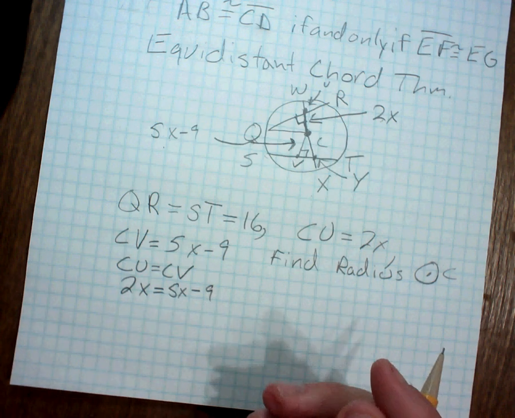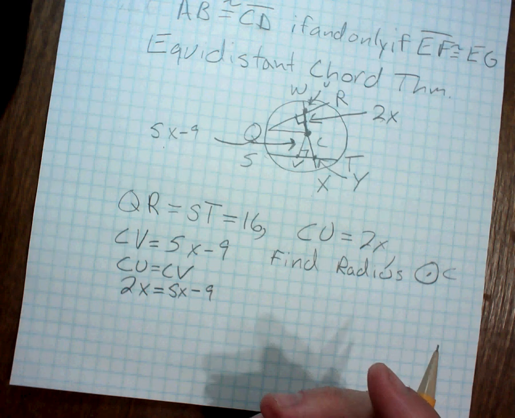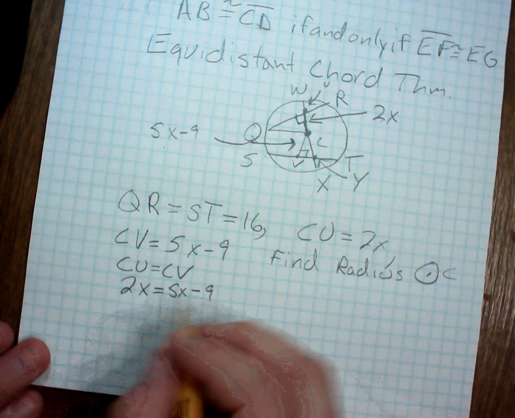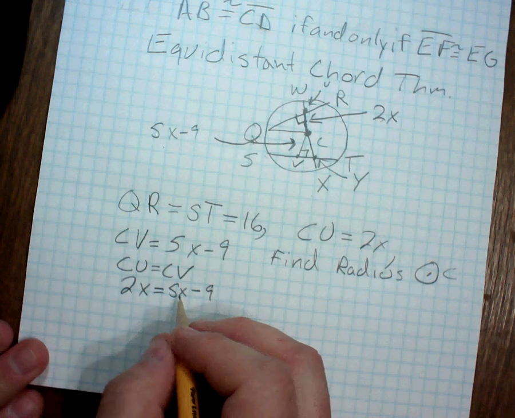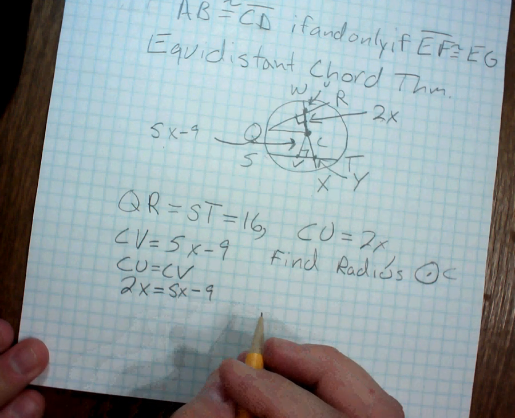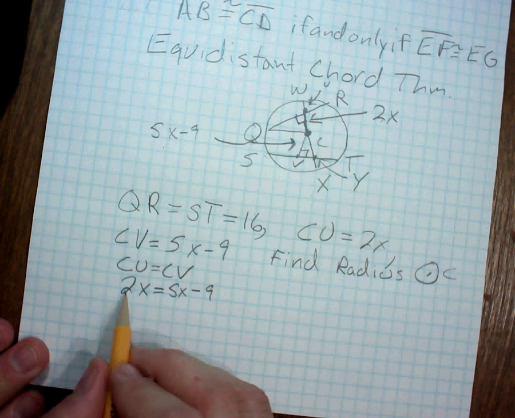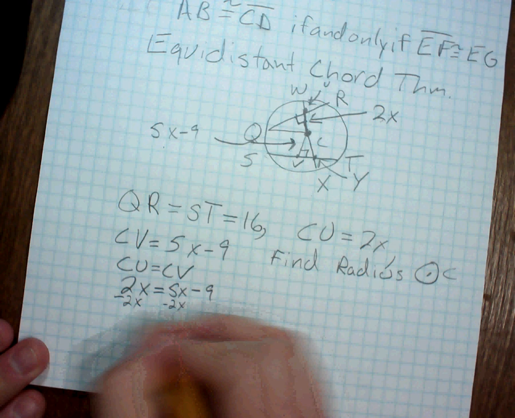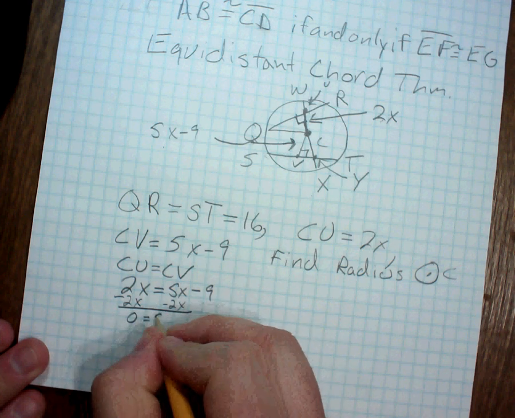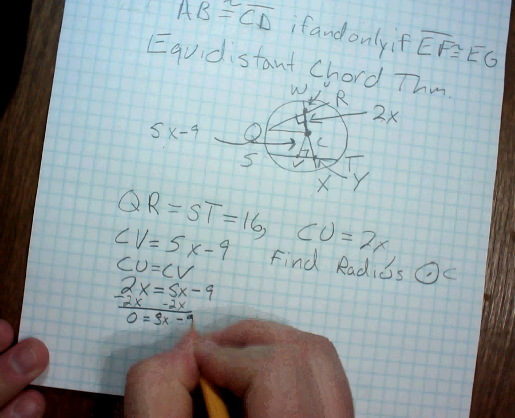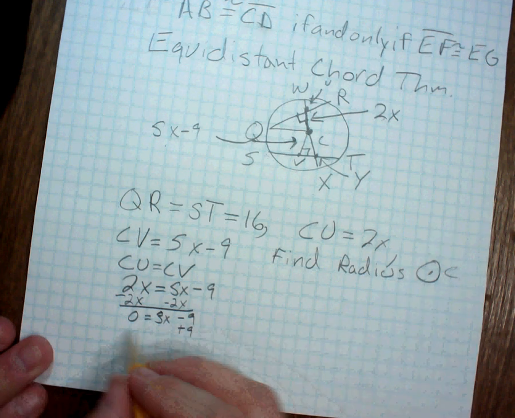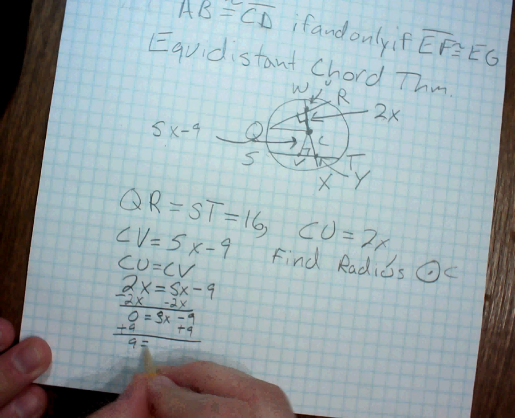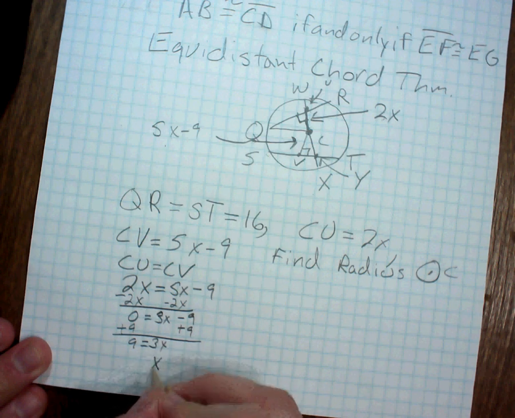Okay? So let's solve for x, because we're going to need to know that. So then what I can do is subtract 2x from here. That gives me 0 equals 3x. And then I can add 9 to both sides. I'm writing kind of small because I want it all to fit. So I get 9 equals 3x, so then x equals 3, right?